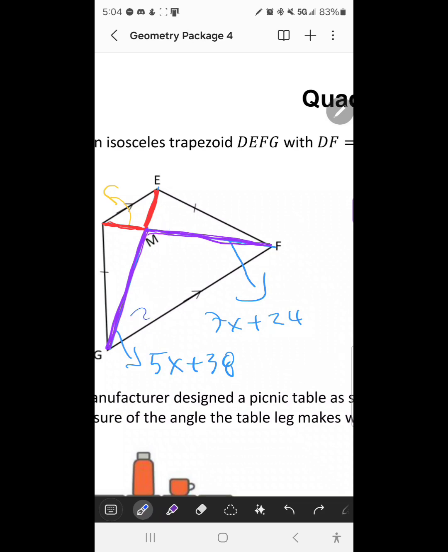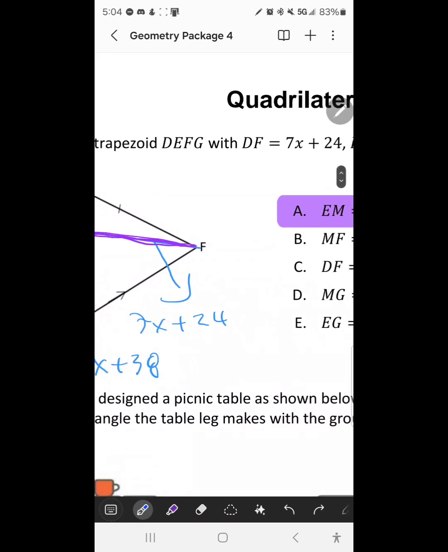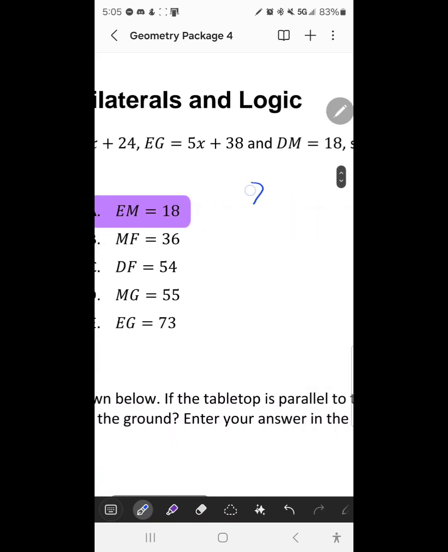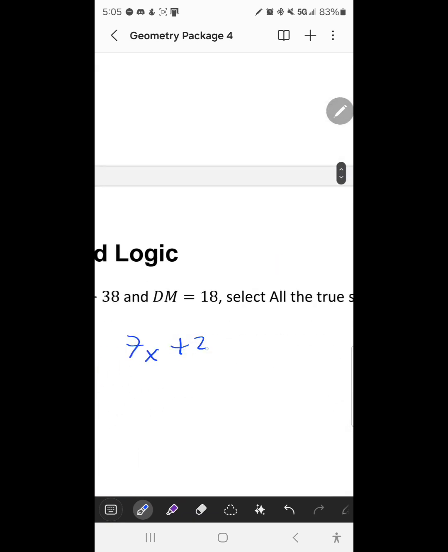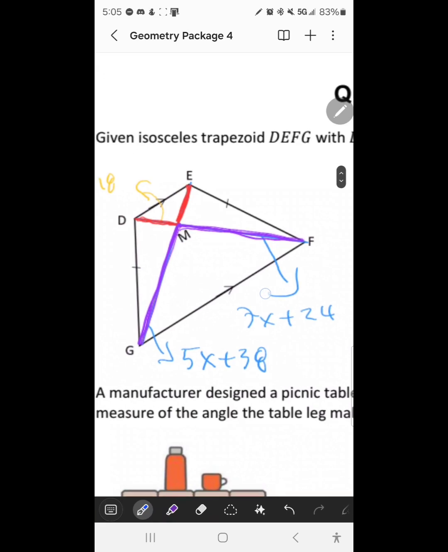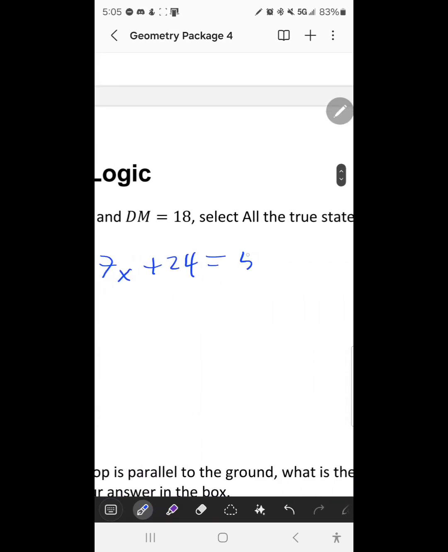Now, we established that these two sides are equal. That's the reason they're the same color, basically. So let's establish these two as equal. 7x plus 24 equals 5x plus 38.